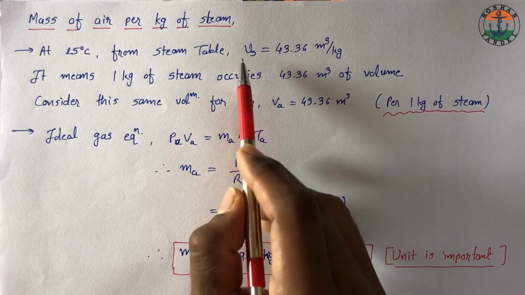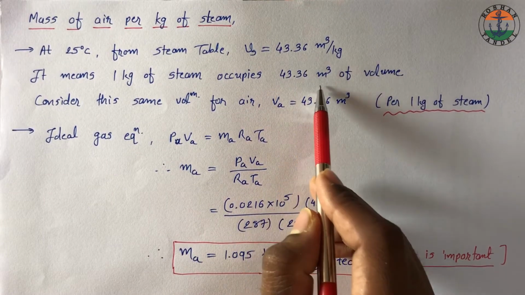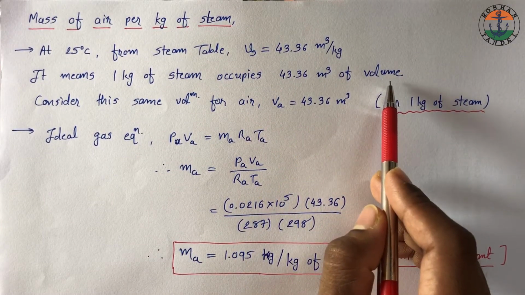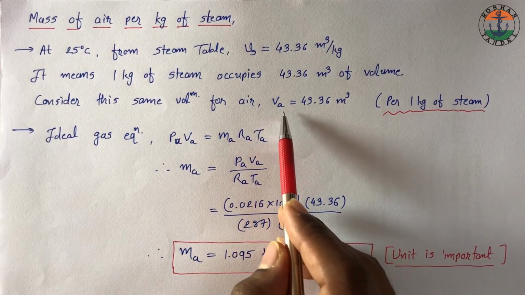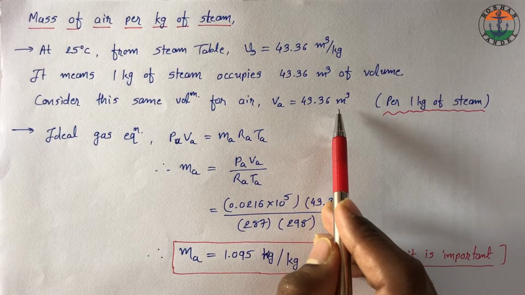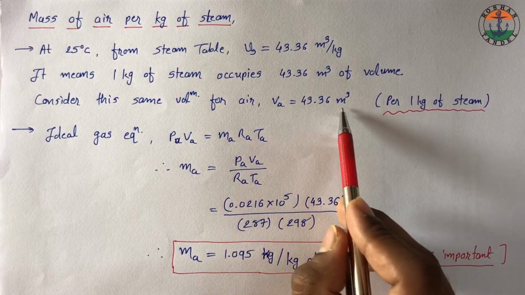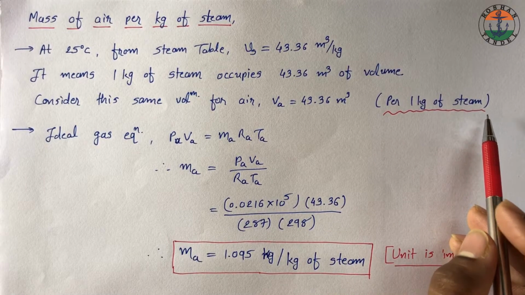Now, Vs means 1 kg of steam occupies 43.36 meter cube of volume. Consider this same volume for air and take Va is equal to 43.36 meter cube. This volume for air is considered for 1 kg of steam.